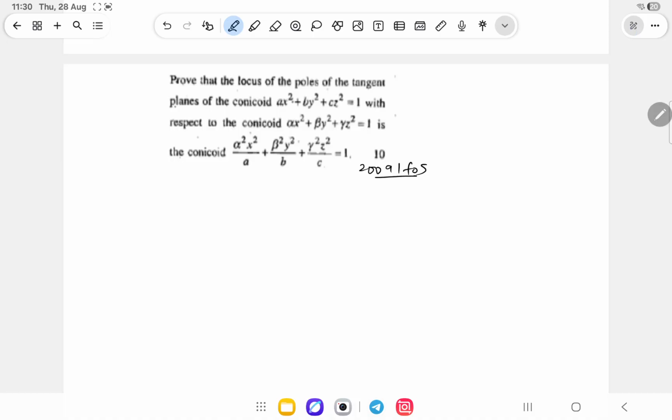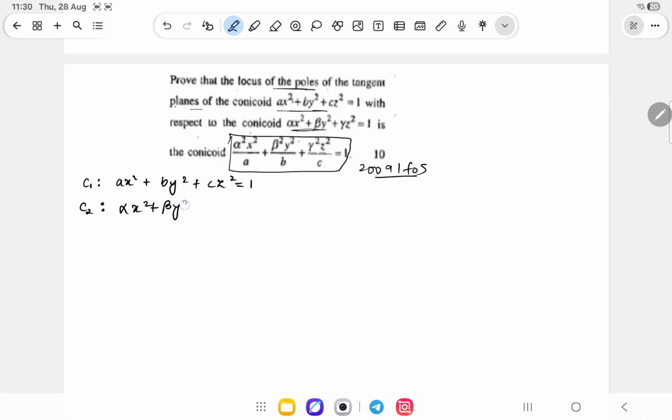The question says: prove that the locus of the pole of the tangent plane to this conicoid with respect to this conicoid is this. So they have given us two conicoids. Let us name them C1 as ax square plus by square plus cz square equals 1, and the second conicoid as alpha x square plus beta y square plus gamma z square equals 1.